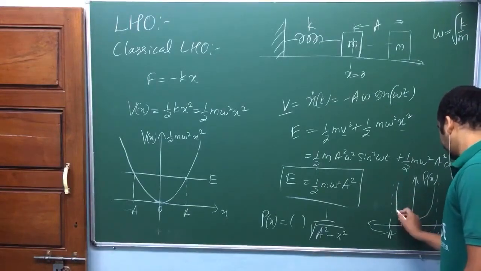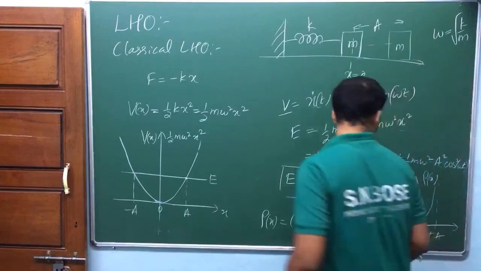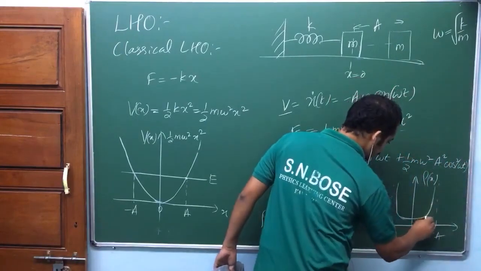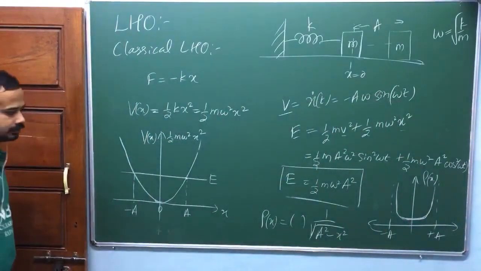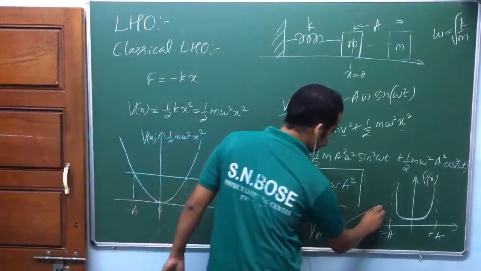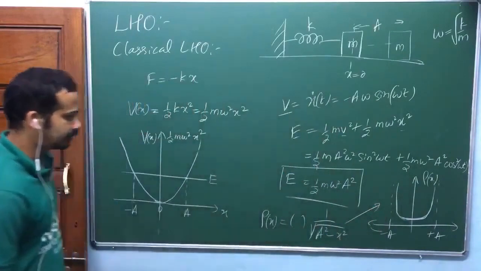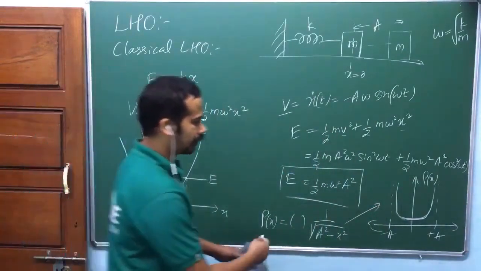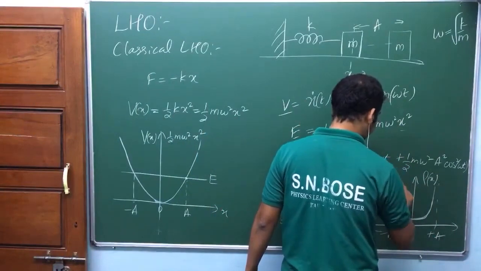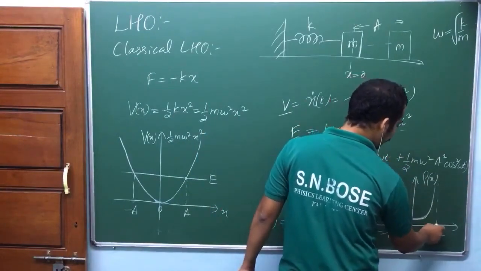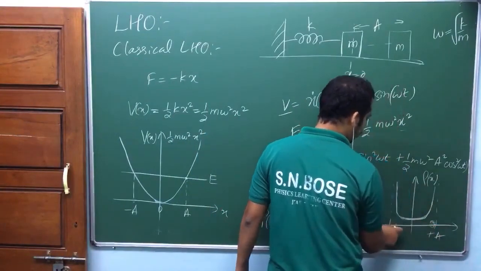Do you remember the first chapter? Make it symmetric. This curve has some normalization factor. The particle cannot go outside, only the probability density varies like this. Now look here, you have more probability of finding the particle at the extreme position.